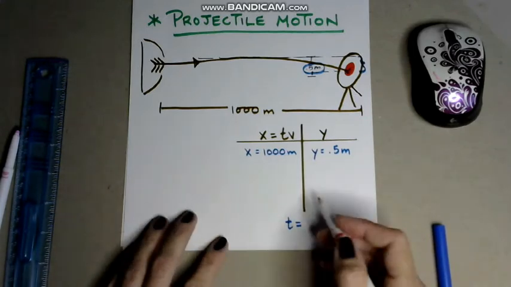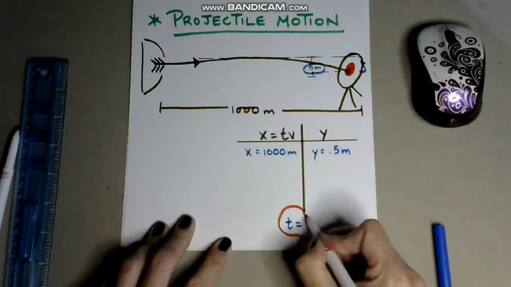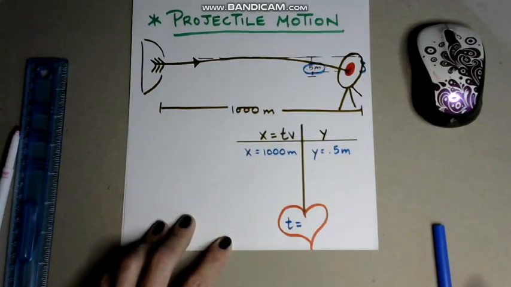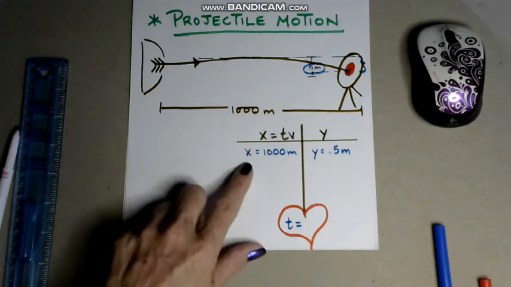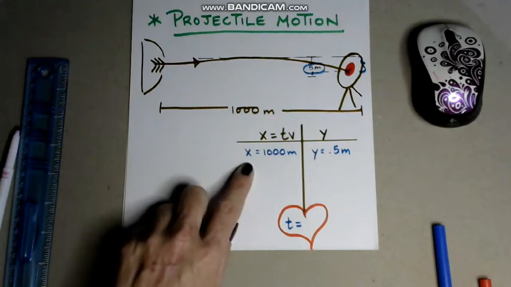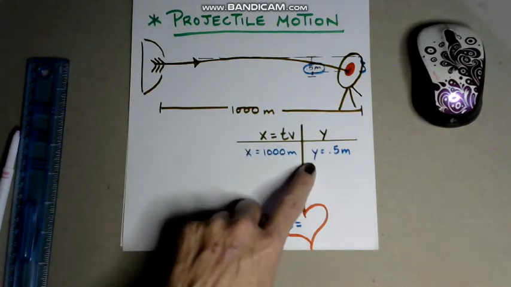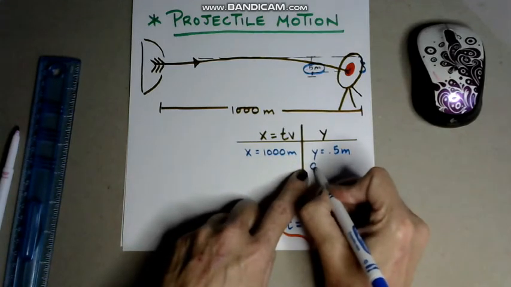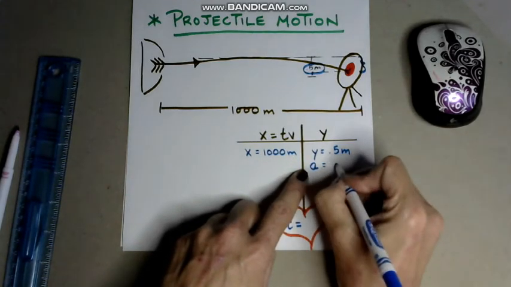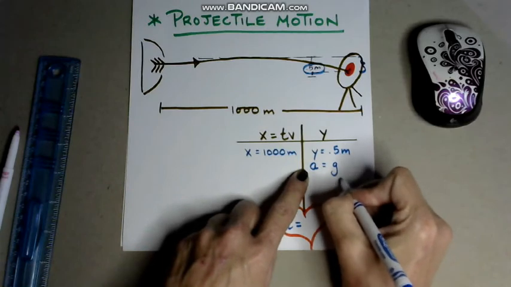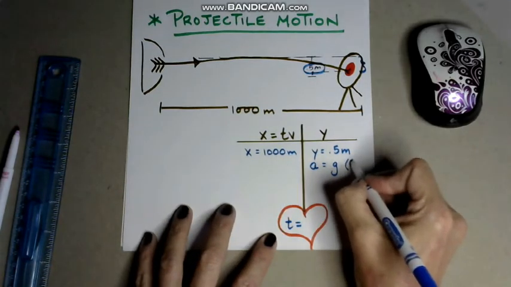Time is the one thing that they share. That is the only thing that they have in common, absolutely. Now, the acceleration on the y side is gravity. I'll just write a little g. Oh, I'll put 9.8.